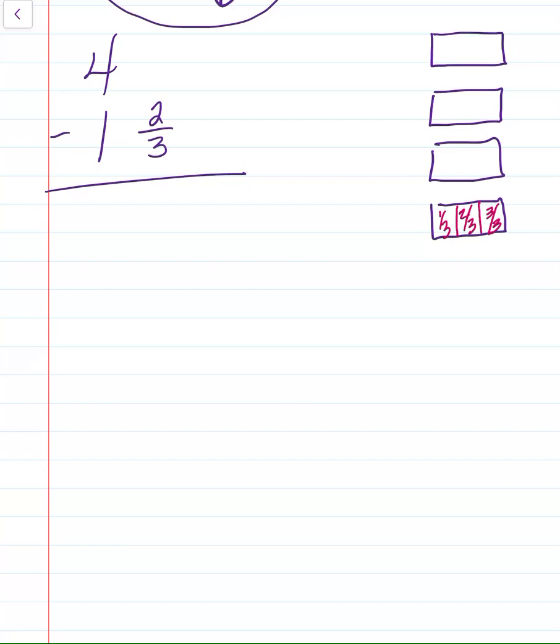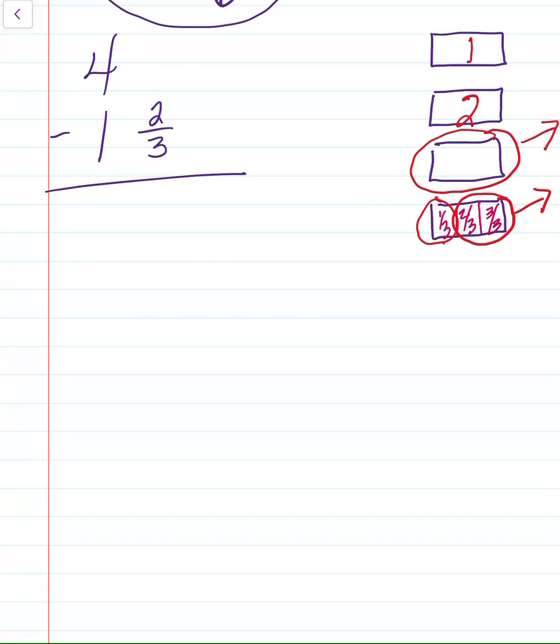All right, so now I have 2/3 I can take away, so I can take that away. And that's going to leave me with that 1/3. And then I can also take away that 1 candy bar because we're taking away 1 and 2/3. And that's going to leave me with 1, 2, and 1/3. So there's 2 and 1/3 candy bars left.